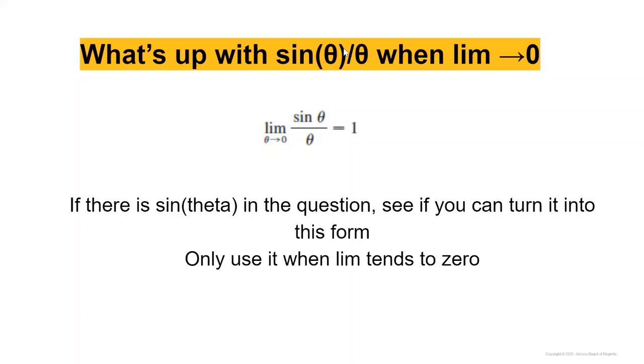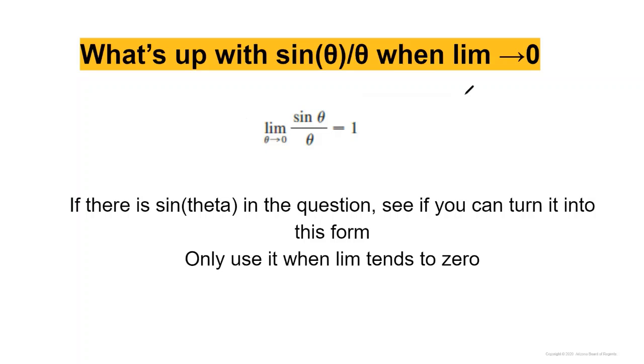Maybe you can use this entire identity to turn that form into 1. However, pay attention to where you can use this identity: sine theta divided by theta is equal to 1 only when the limit of theta tends to 0. You cannot use it for any other finite value or when it's undefined.